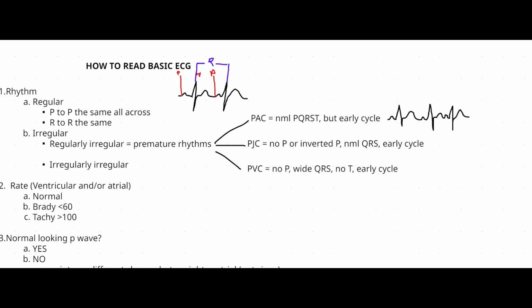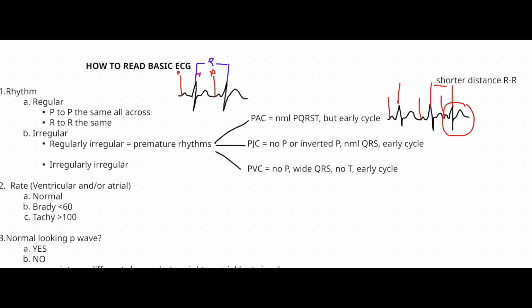So if you were to march out the P wave here, the P wave here, and then this P wave, you'll see that the distance here is shorter than this distance, right? Or if we were to march out the R and the R, and then this R, again, this is shorter because it's premature. Okay, but everything else is normal in your R to R. So then you're saying this is regular, irregular. Okay, so for all of them, it's going to be like that.